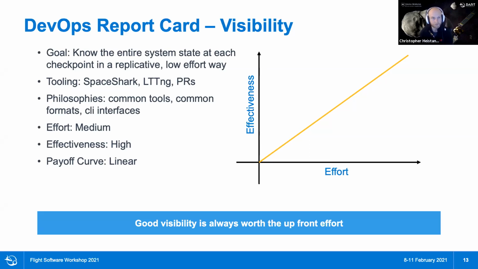If you are able to take a black box and turn it into a gray box, or a gray box into a white box, where you're able to say, oh, that's exactly what I wrote in code, and that's exactly what I see, whether that's timing, packet inspection, or pull requests. The point I'm trying to make here is good visibility is always worth the upfront effort, even if it is a lot of effort to get there. Next.